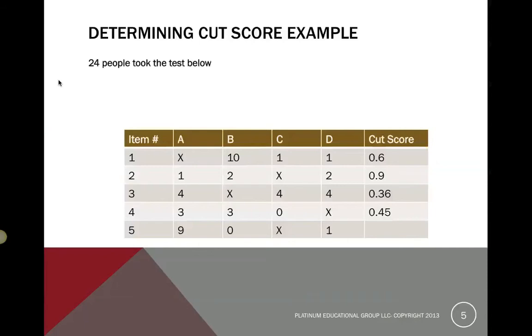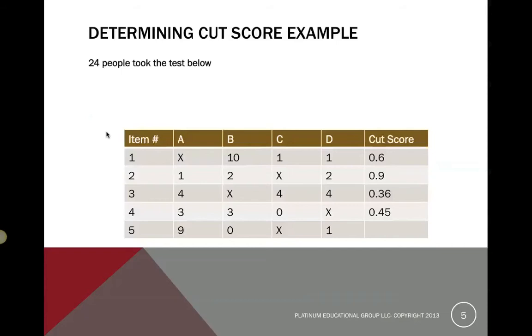We're going to suggest that in this example here of these 5 questions, 24 people total took the test below. And what we define as a good wrong answer is that at least 10% of the people taking the test selected that answer.